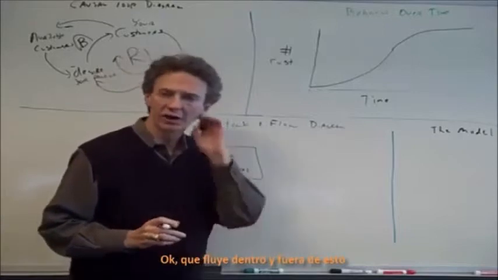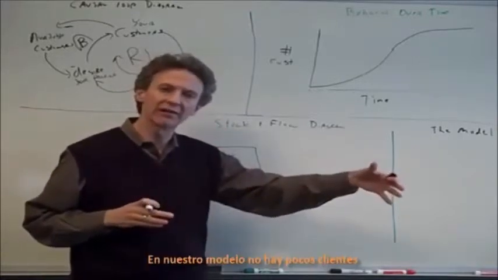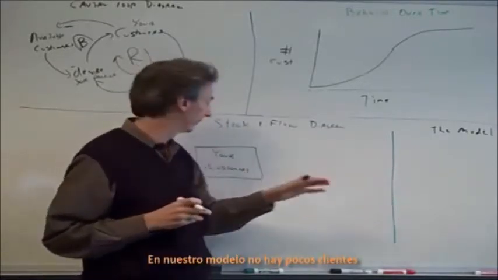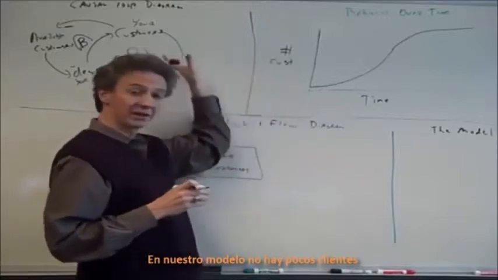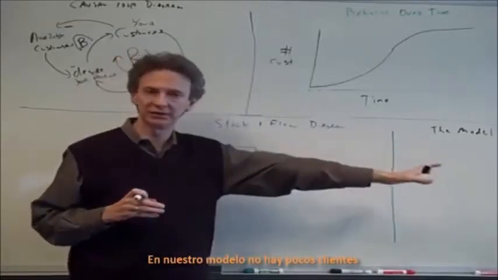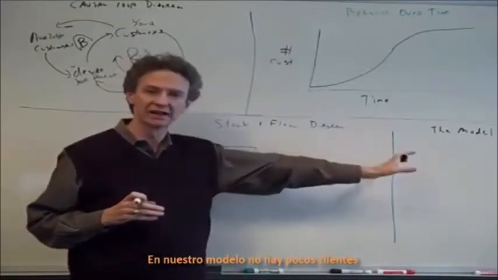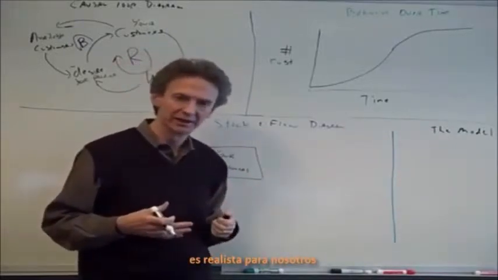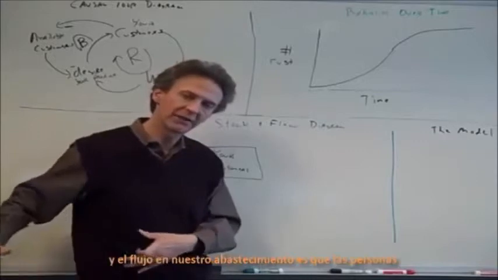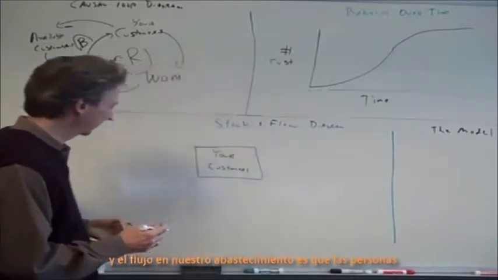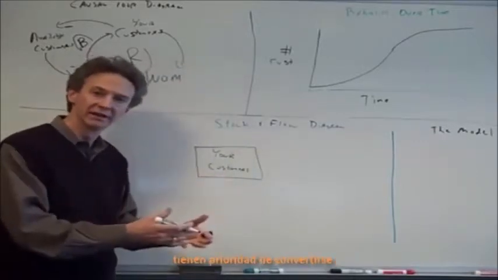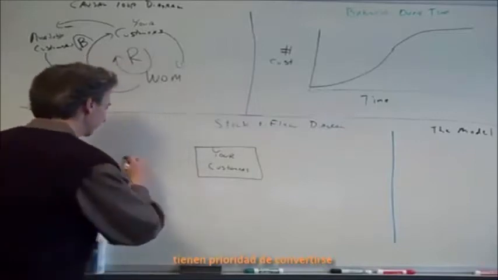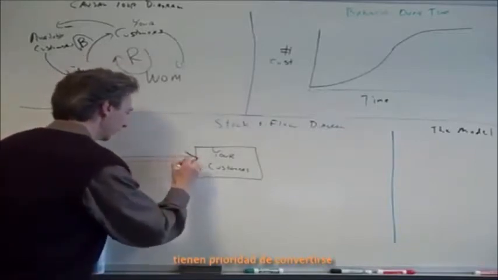Okay? Now let's talk about the flows in and out of that stock. In our model here, no customers leave you. So there's no flow out of the stock, which isn't realistic, but we'll do it for our simplified model. And then the flow into the stock is basically people buying your product, becoming your customer.